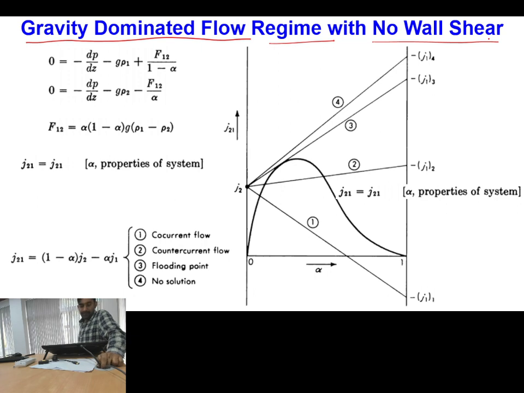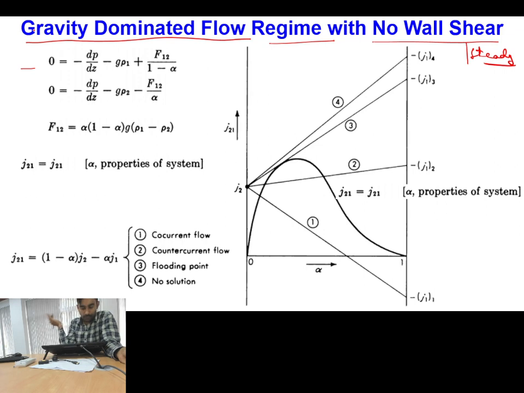Typically, if you have gravity dominated flow with no wall shear stress, first we are making the assumption of steady flow, so in my momentum equations there will not be any time term. Second, if I consider a constant tube diameter and no acceleration of the flow because of the change in area, then the acceleration with the spatial parameter is also equal to 0.